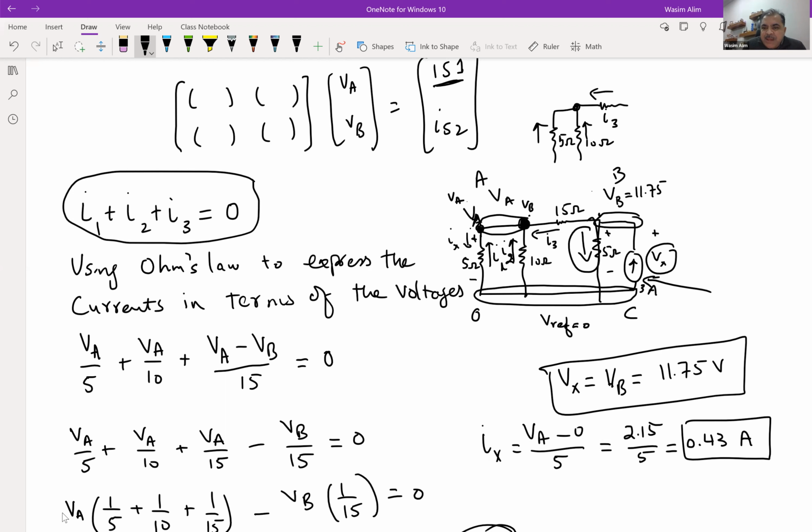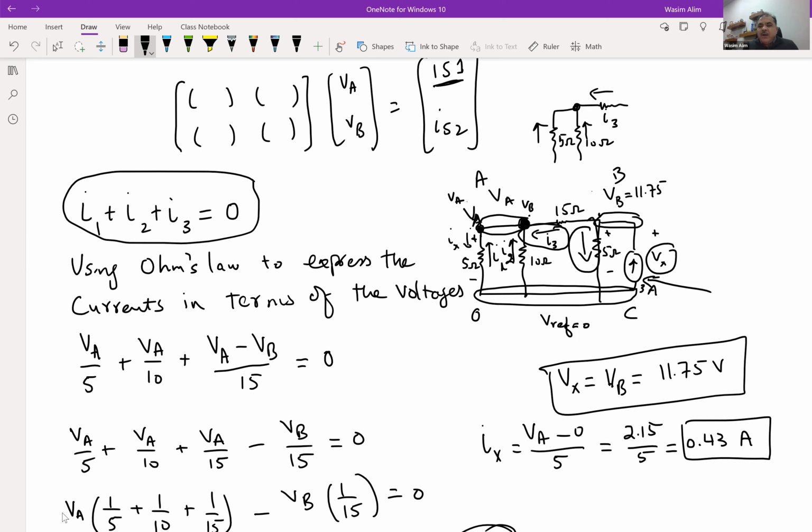But this I3, the direction that I assigned in the first equation will be considered for the second equation with the same direction also. You cannot choose the opposite direction in the second equation.